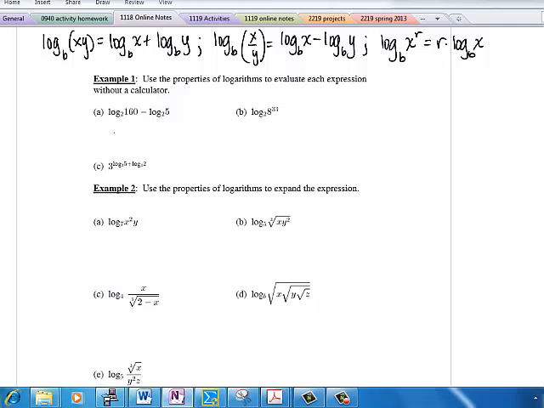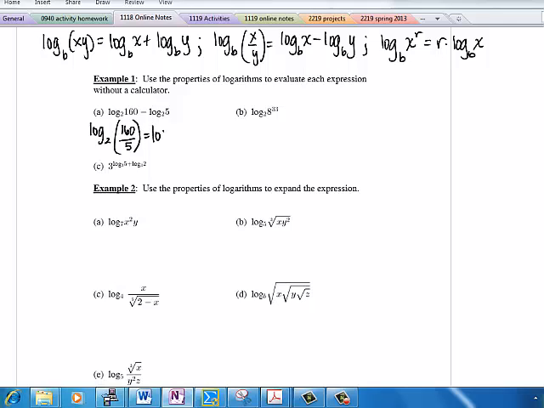So this looks like the right-hand side of property 4. We have a difference of logarithms, so we want to combine them into a single logarithm of the same base. So we could say log base 2 of 160 divided by 5. And then we'll simplify 160 divided by 5, that should be 32.